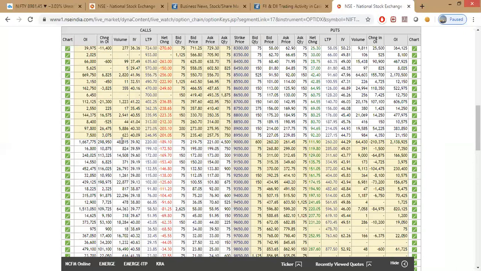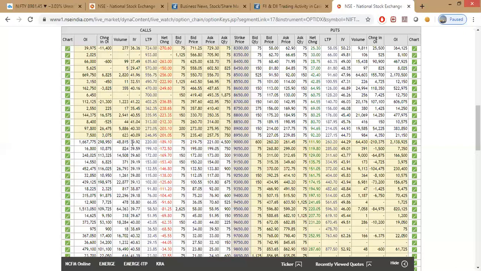Volume is basically whatever transactions happen in the open interest, which get recorded here. And implied volatility will differ for each strike price. It keeps changing during the day, and basically signifies the probability of that strike price ending up at expiry.